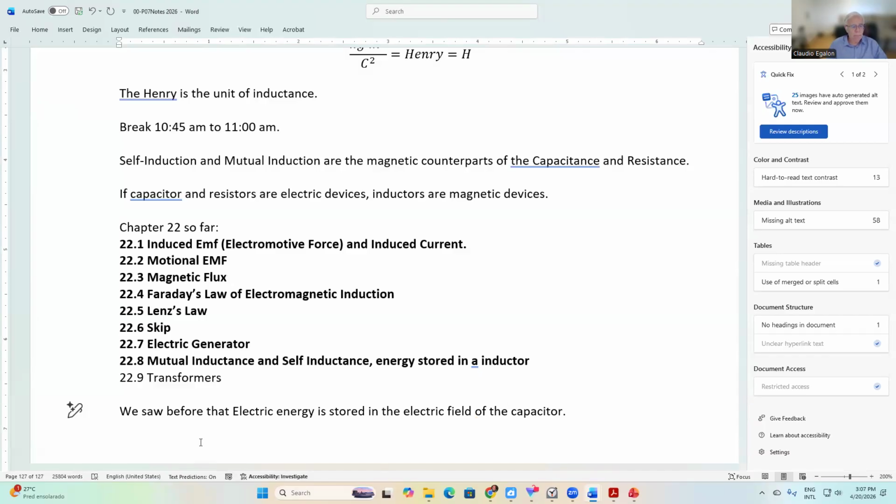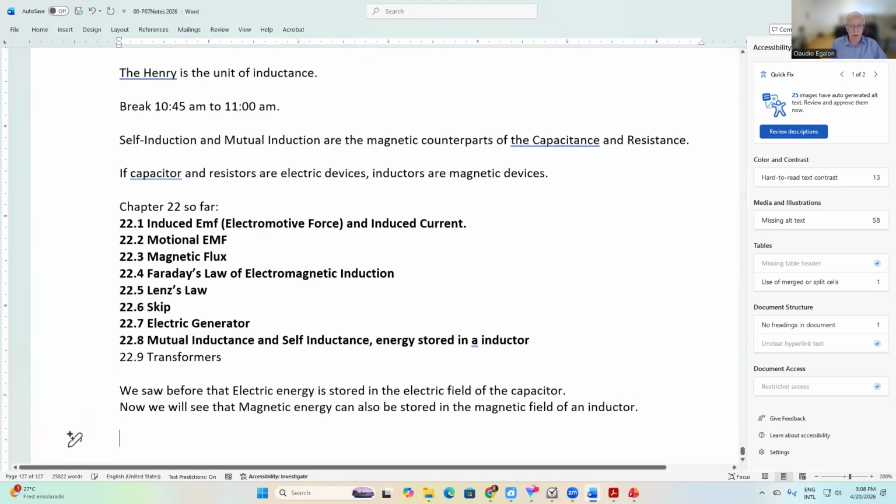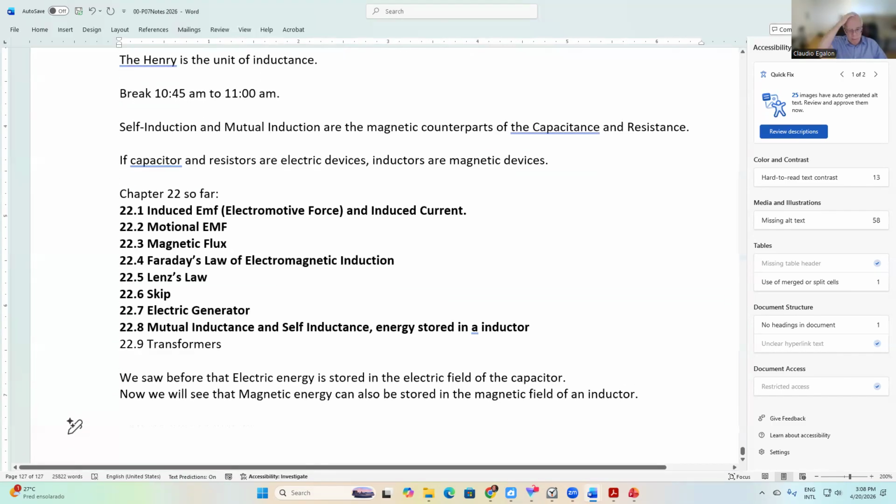Now we will see that magnetic energy can also be stored in the magnetic field of an inductor. So here you go. That's a new device that you have to keep in mind.